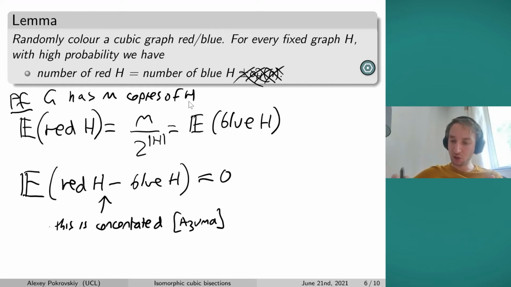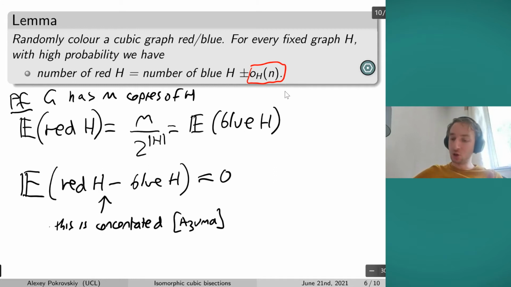The issue with using this lemma directly is that the error term depends on the size of the graph H you're counting. If H is very small, then this error term will be small, but if you just look at a random red-blue coloring of a cubic graph, some of the components will be reasonably large, which can cause a little bit of problems.